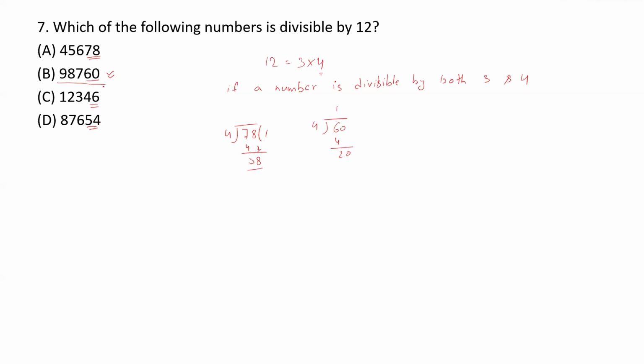Now you just have to check whether this number is also divisible by 3. So 9 plus 8 plus 7 plus 6 plus 0. You just have to add the digits and see whether the sum is divisible by 3. 9 plus 8 is 17. 7 plus 6 is 13. And now it is 30.